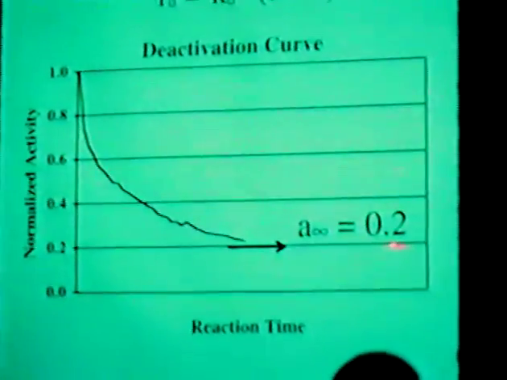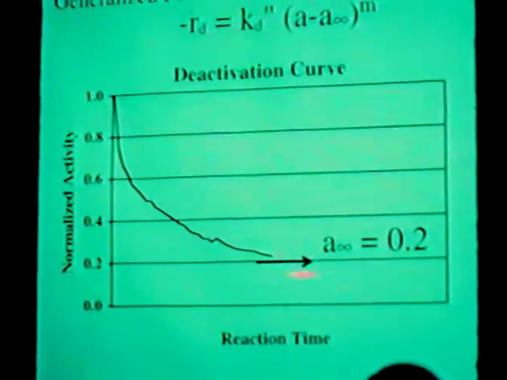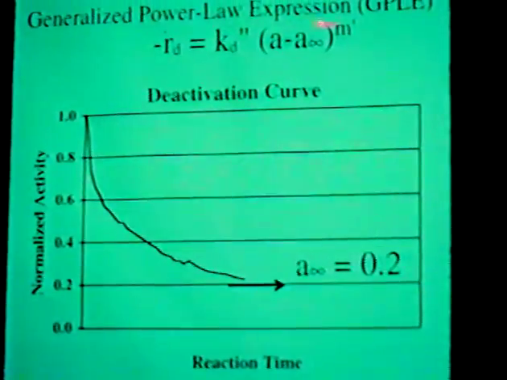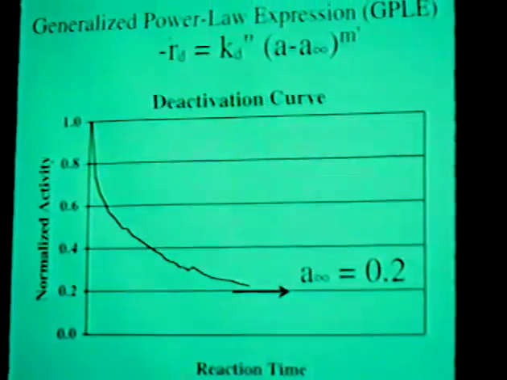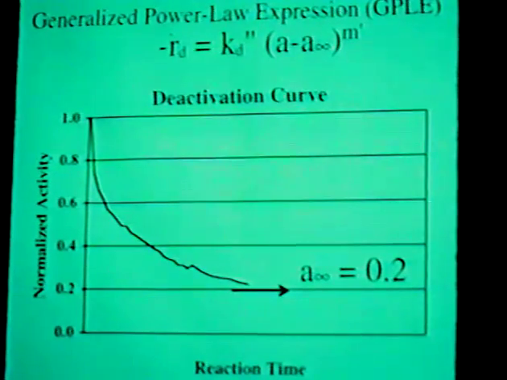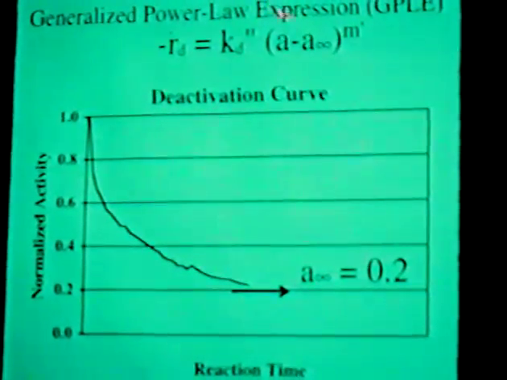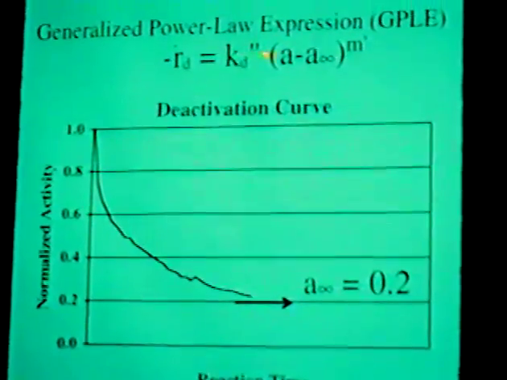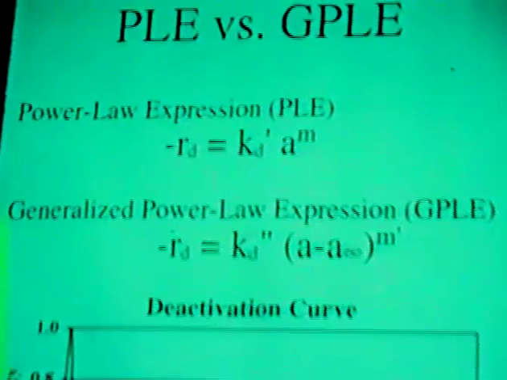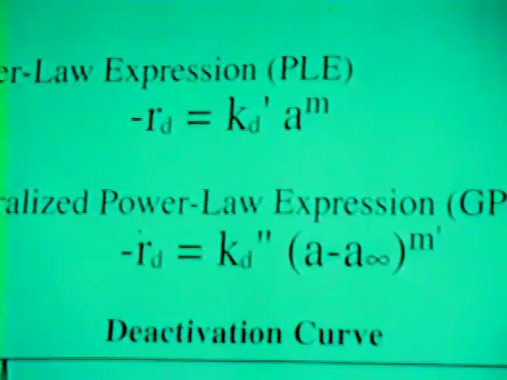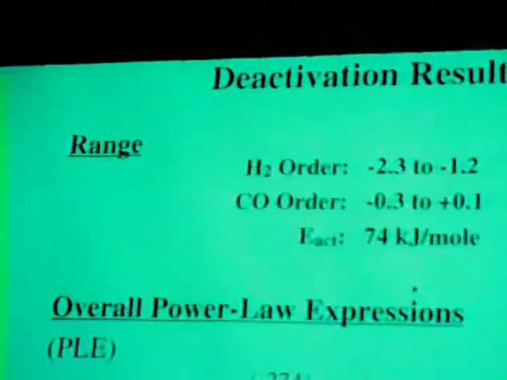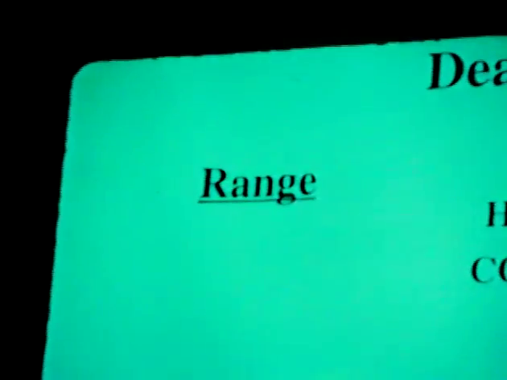And as shown in this curve, it appears that the activity reaches somewhat of a level value around 0.2. So we'll be looking at both of those to see if there is in fact any difference and which one fits the data better. Also included in these but not shown are the effects of the various reactant concentrations and their dependencies.